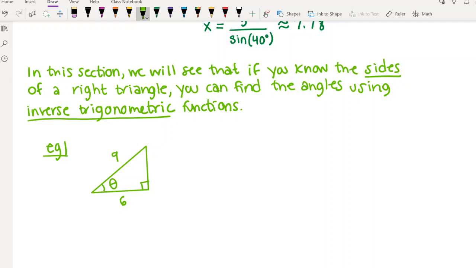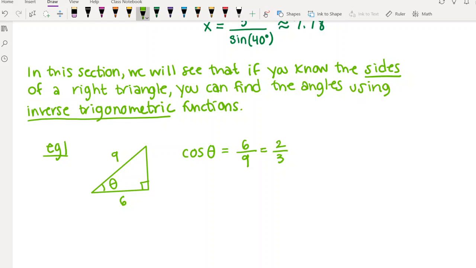And so that corresponds to cosine, right? Cosine is the function that relates an angle together with the adjacent and the hypotenuse sides. And so we can say cosine of theta is equal to 6 over 9, which reduces to 2 over 3. And so what does that mean about how to find theta?